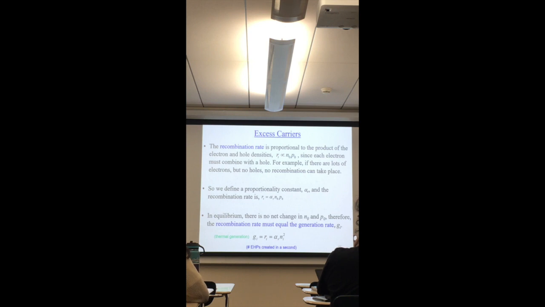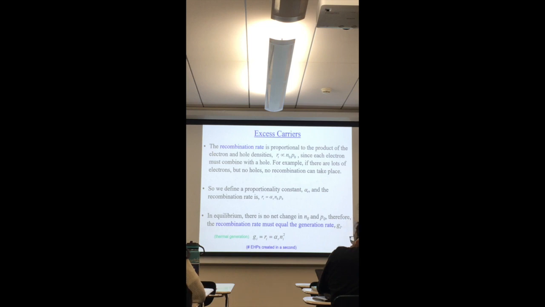So we can define a proportionality constant, alpha sub r, and write the recombination rate as alpha sub r times n naught p naught. Okay, so this is the recombination rate.